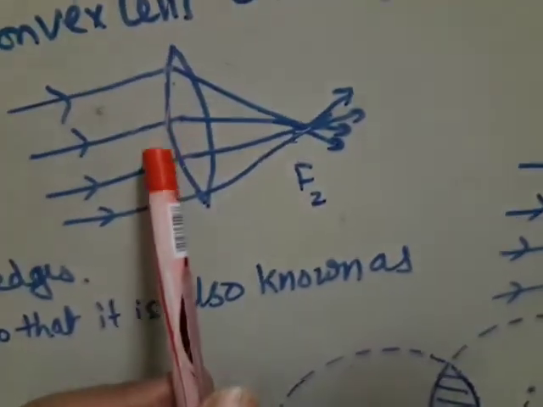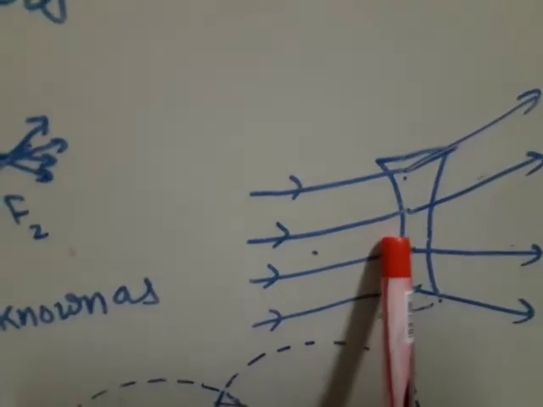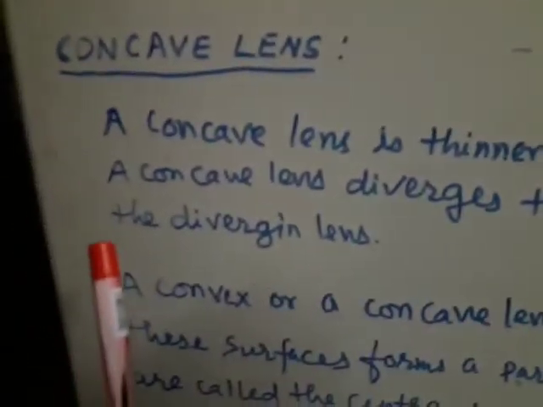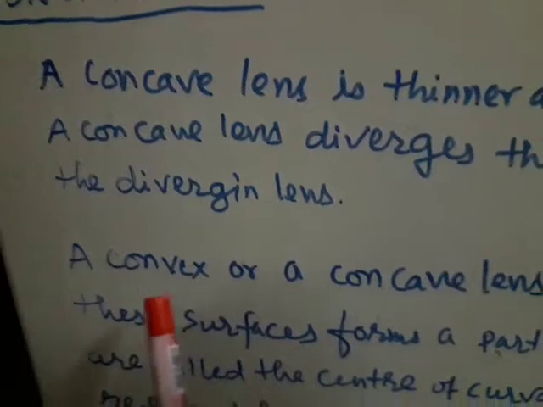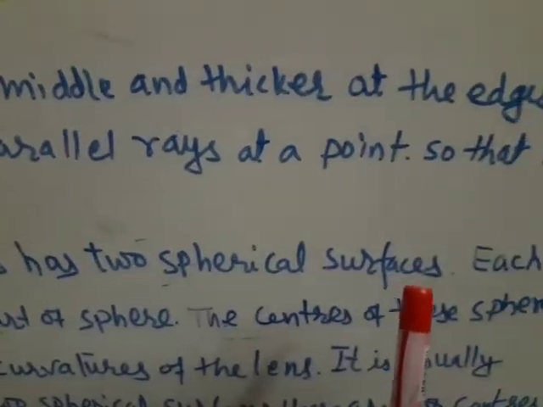The convex lens is thicker at the middle and thinner at the edges, whereas the concave lens is thinner at the middle and thicker at the edges.